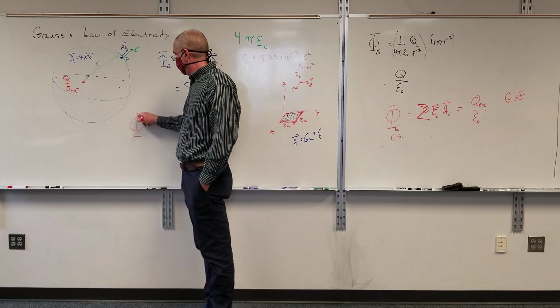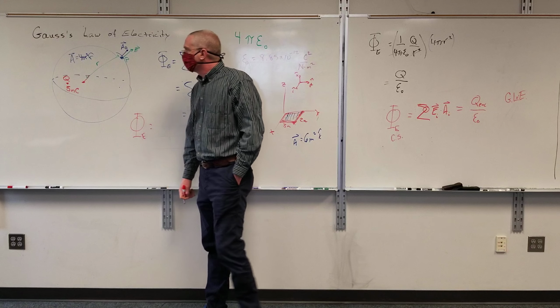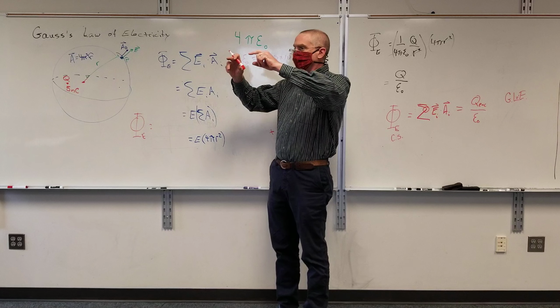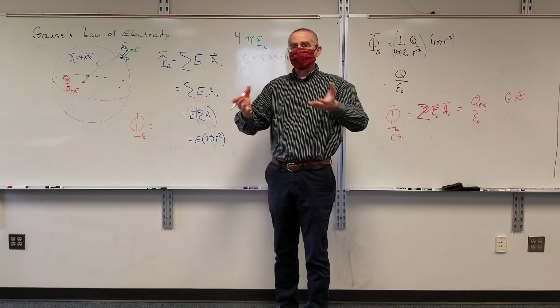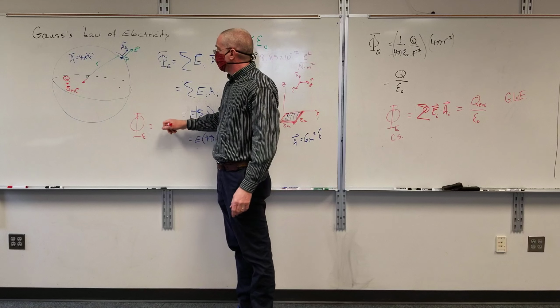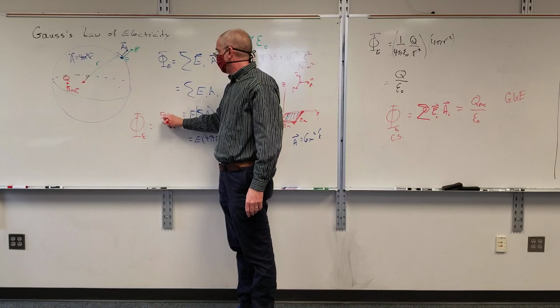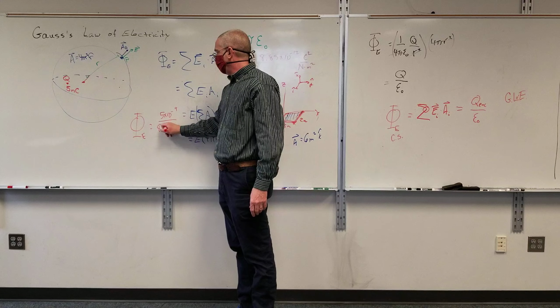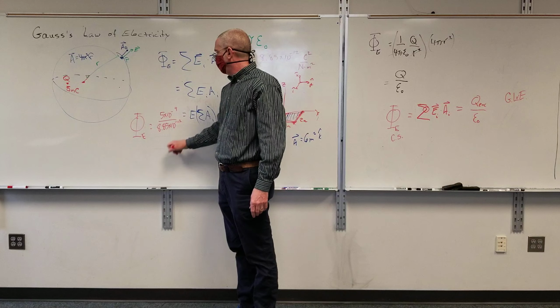Did the magnitude stay the same when you moved it over? Well, it's not the charge itself, but when you just moved it over, it's still fine. So I don't have to think through what the electric field is all over this place. If all I'm asking is what's the electric flux, then it's just that enclosed charge, so that's 5 times 10 to the negative 9th, divided by epsilon sub naught, 8.85 times 10 to the negative 12th.